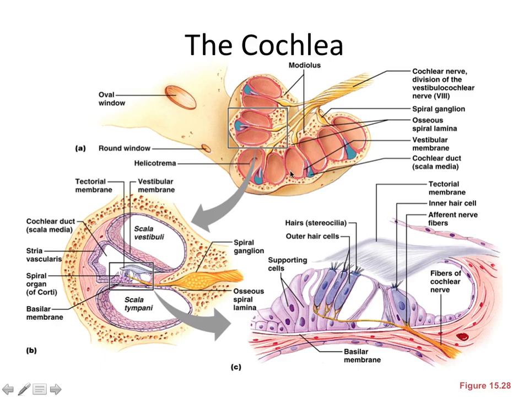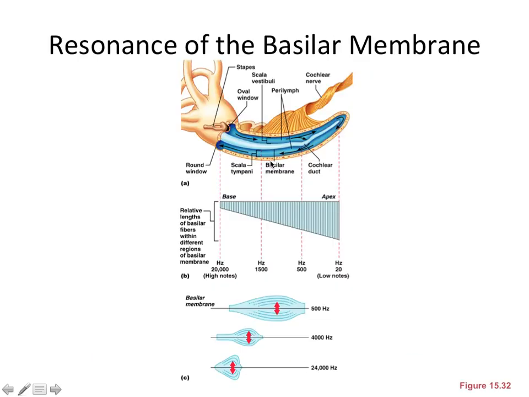If we cut it the other way, sagittally, we can see the basilar membrane, and this is the cochlear duct, and this is the perilymph. Okay, perilymph.